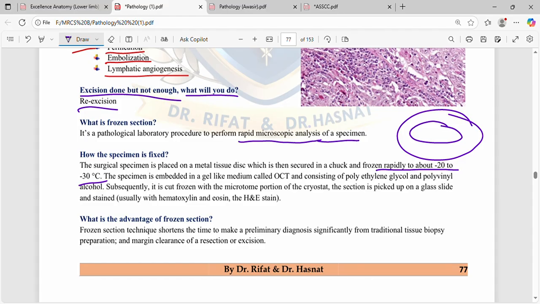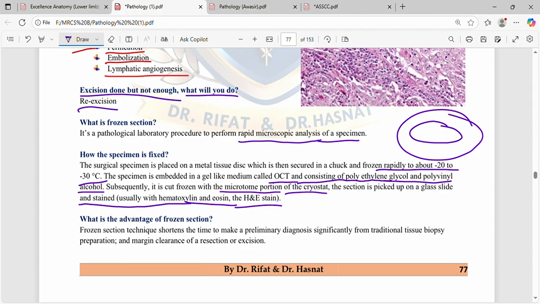I know most of you did this in medical school; it was the famous practical session of pathology in third year. The specimen is embedded in a gel-like medium called OCT, consisting of polyethylene glycol and polyvinyl alcohol. Subsequently, it is cut with the microtome portion of the cryostat. The section is picked up on a glass slide and stained, usually with hematoxylin and eosin, H&E, and then viewed under the microscope.